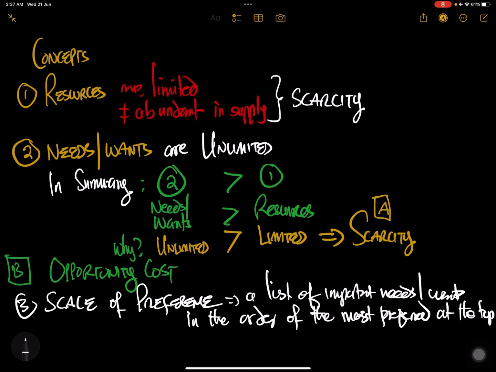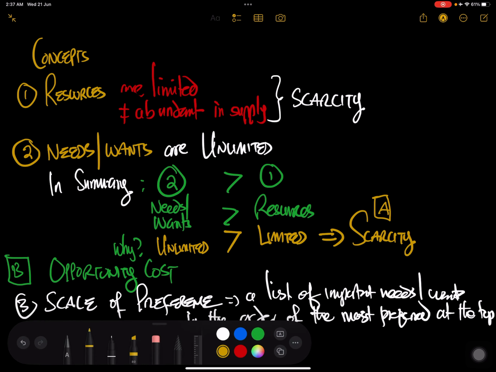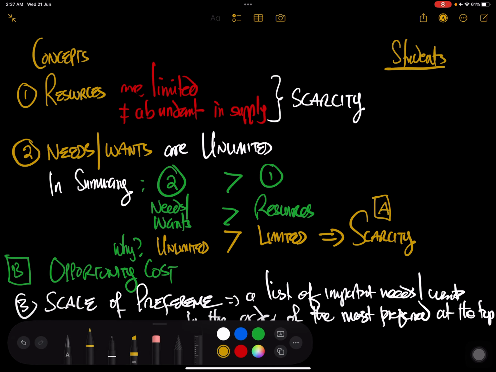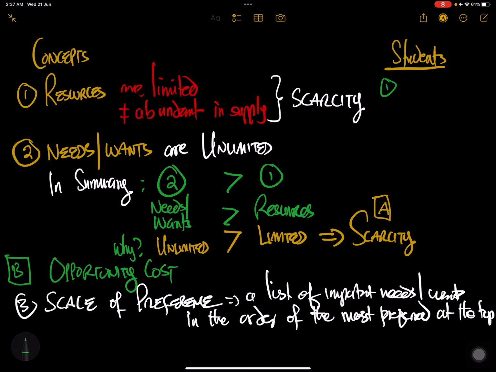A student has a lot of needs, but his scale of preference might look like this. He says, my number one is my tuition. My second is room and boarding. His third is food.